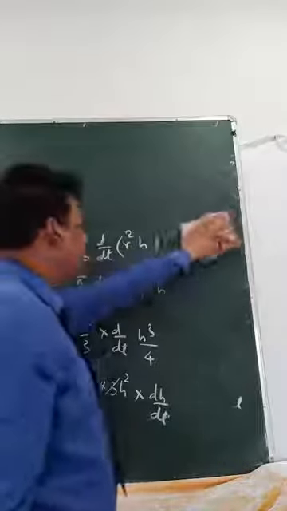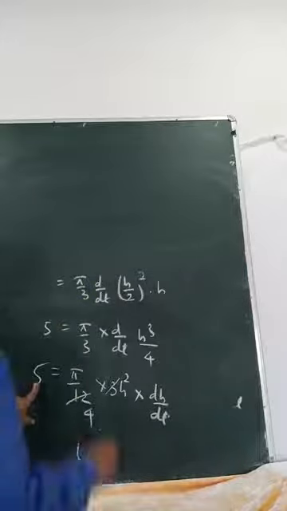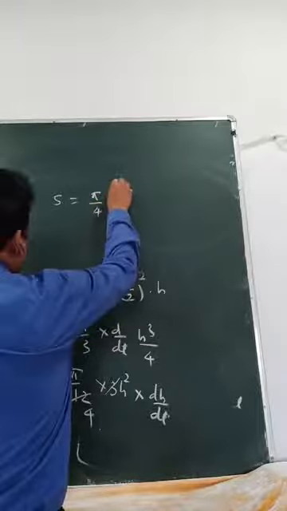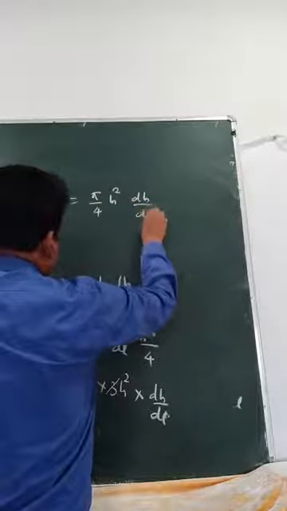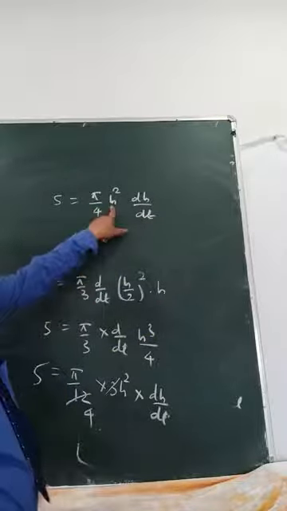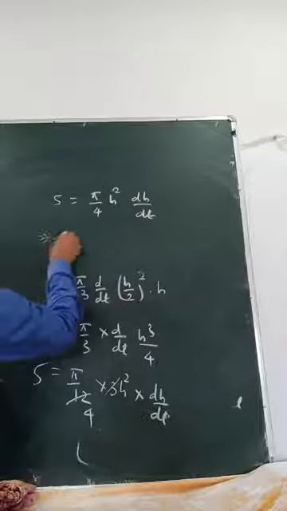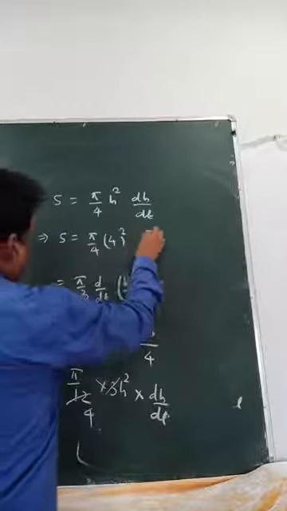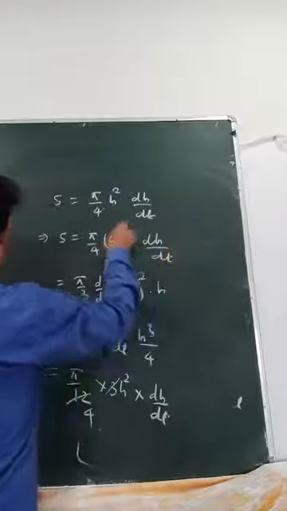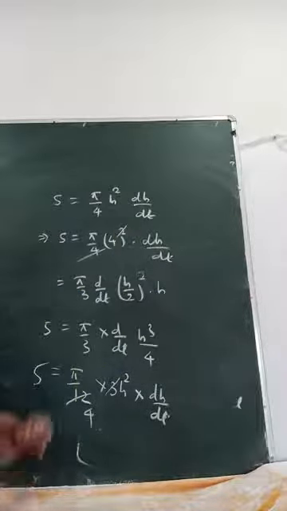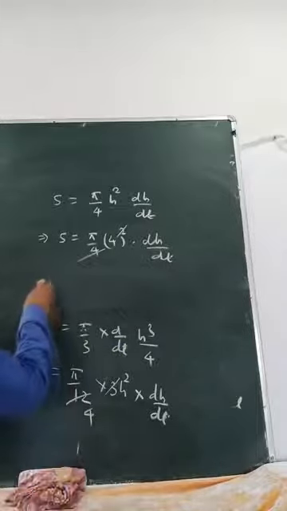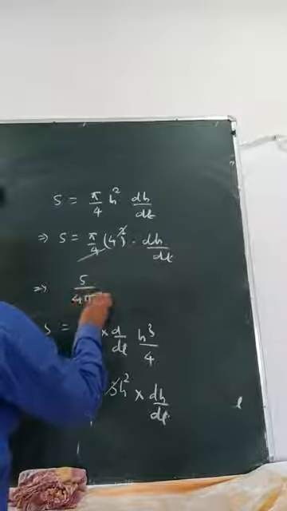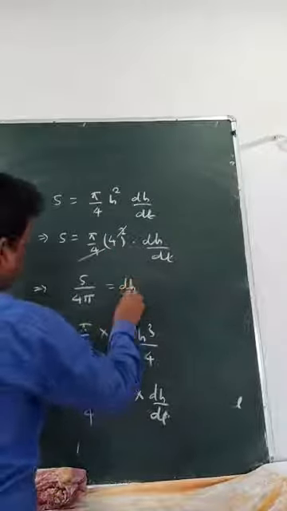Okay, then 5 equals pi by 4 H square dH by dt. Also you are given H equals 4. Put here 5 equals pi by 4 times 4 square times dH by dt. So one of the 4 you can cancel. This implies 5 by 4 pi equals dH by dt.